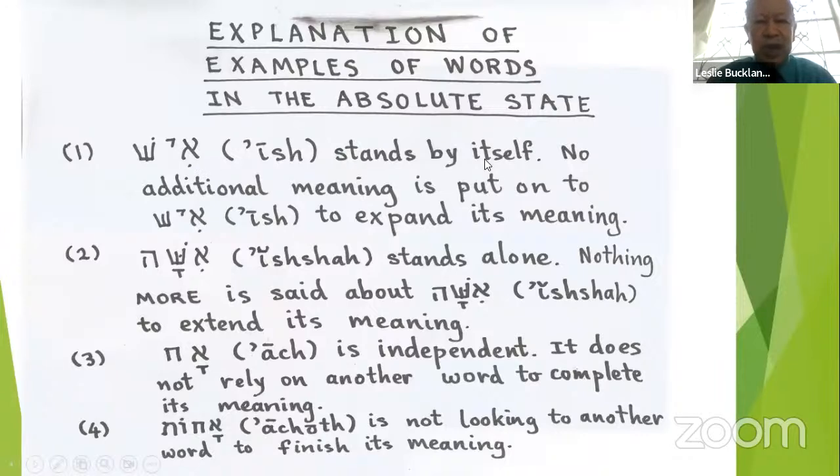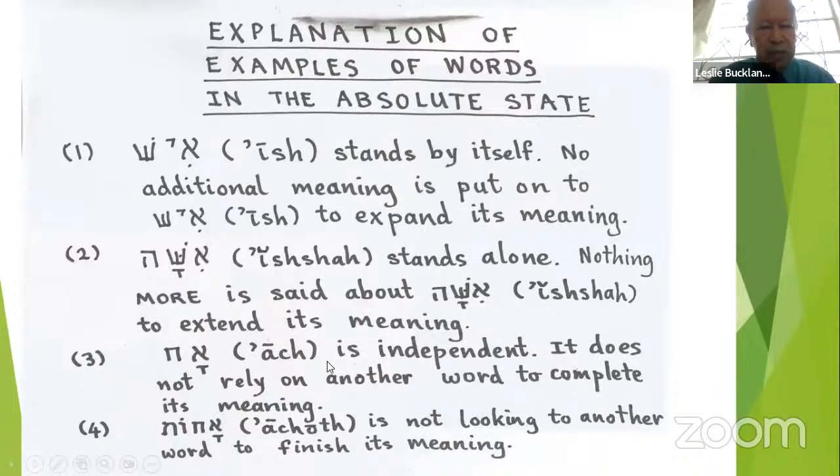Ish stands by itself. No additional meaning is put onto ish to expand its meaning. In number two, the noun isha, which means woman, stands alone. Nothing more is said about isha to extend its meaning.